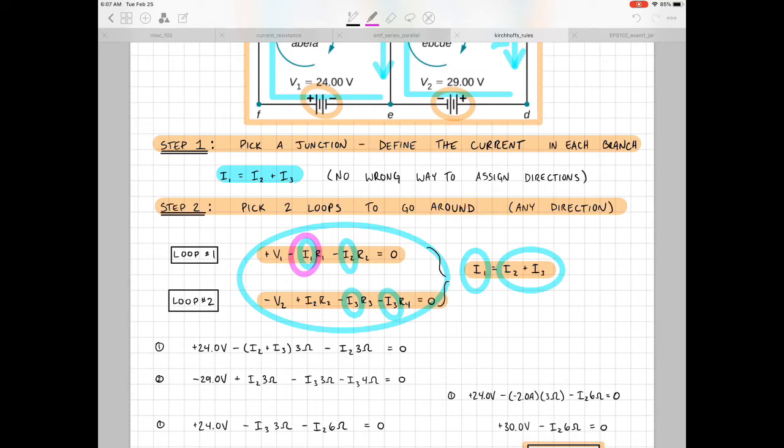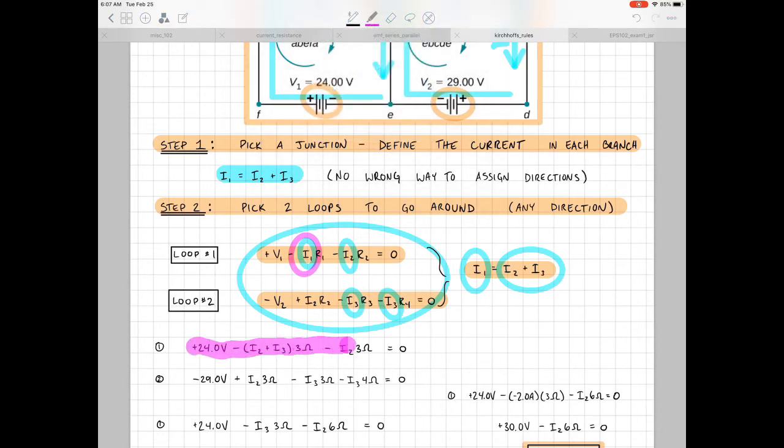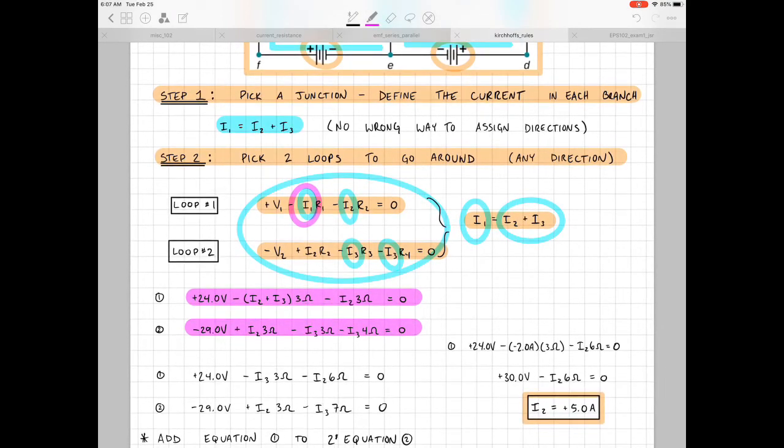That's what's happened here. I've just rewritten equations 1 and 2 with all of the battery and resistor values, and with the substitution of I1 for I2 plus I3. Now I've got two equations and two unknowns.